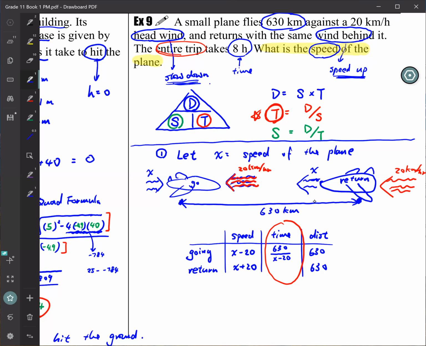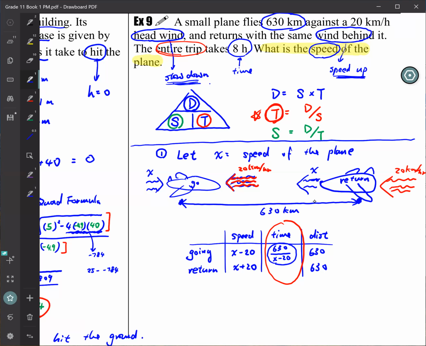So what about the time for return? What do we put inside then? Waylon, what do we put inside? Can you repeat that again? I kind of lagged out. You understand how we get the 630 over x minus 20? You got that part?